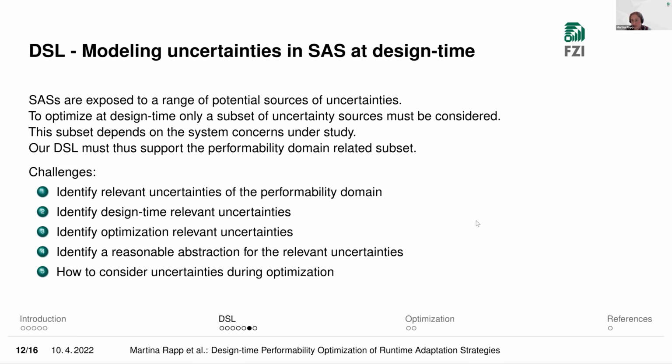And also a very important question is how to consider uncertainties during optimization. And here I would therefore be very interested to learn your opinions in the upcoming discussion. And I also would greatly welcome your input on this topic because we think that it's a very crucial topic in the whole setting.